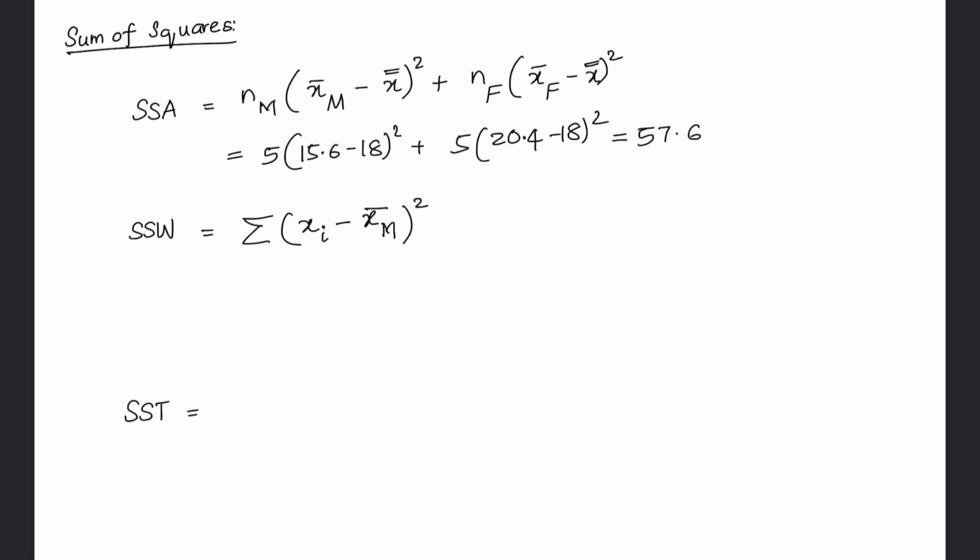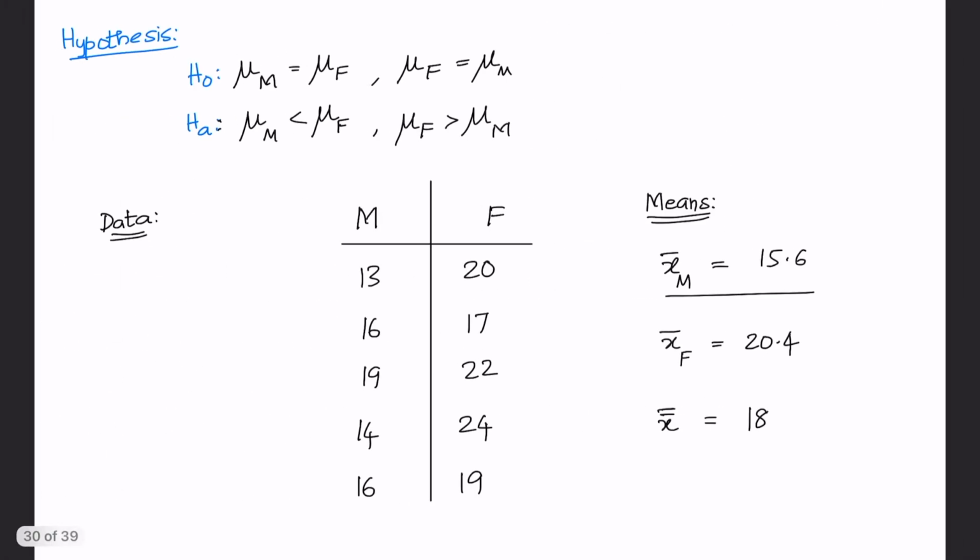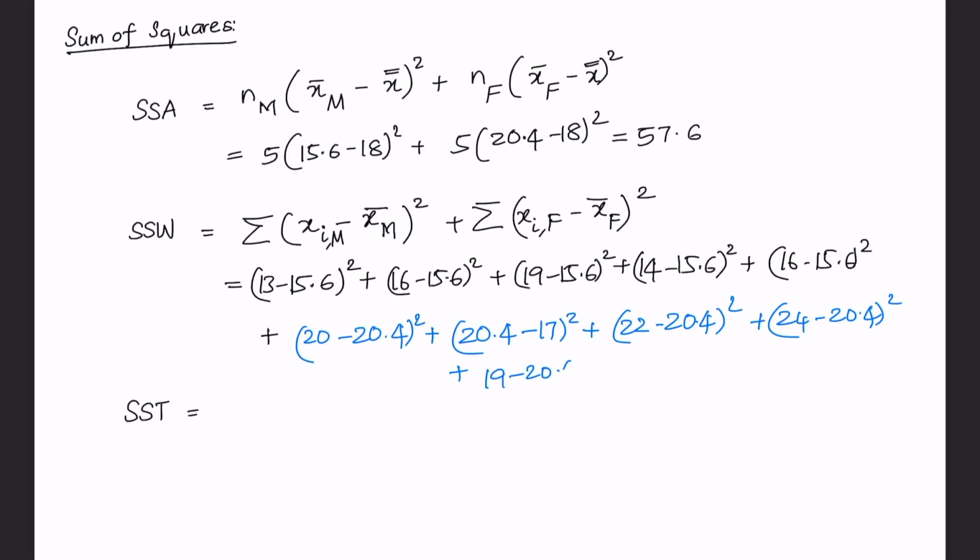Let me call this xim minus x bar m, plus sigma xif minus x bar f squared. So how would we write this now? Let me go through these values. This represents the sum of squares within. When you calculate it, it will give you 50.4.